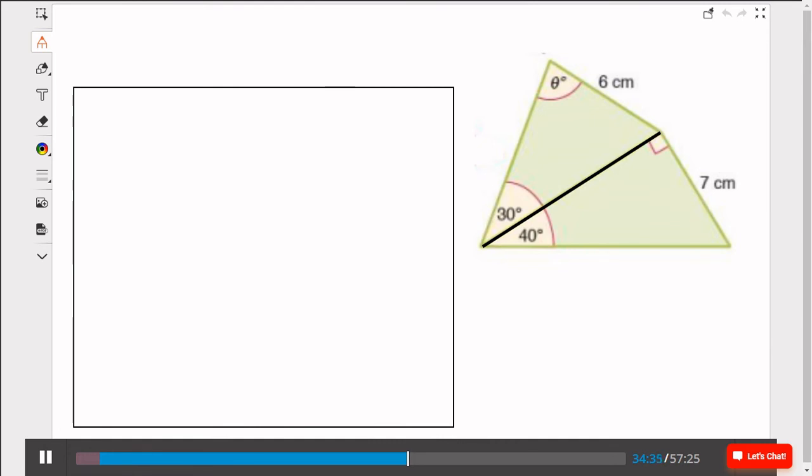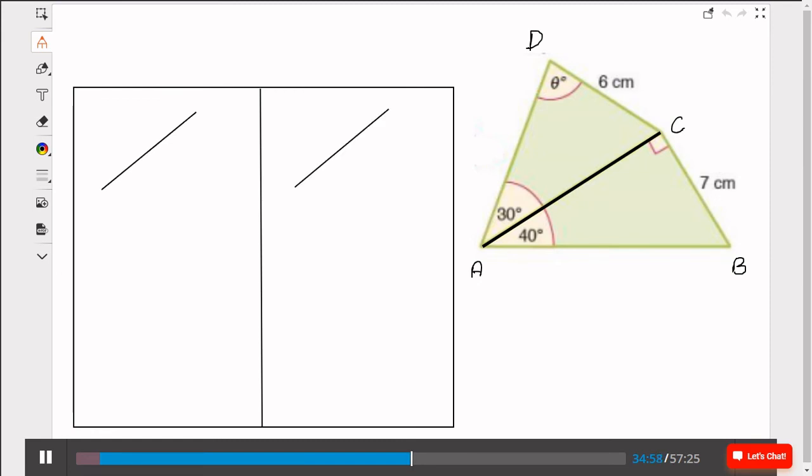Say this is the triangle. That's how the triangle is given. The same triangle is there. We are going to apply two methods.